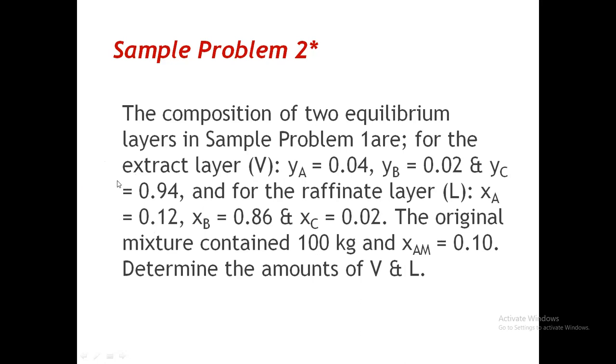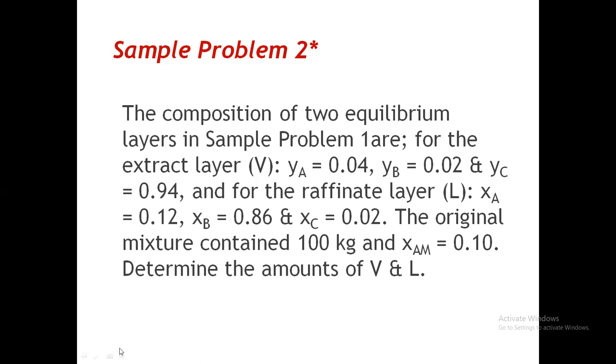Your raffinate layer is the water-rich layer. The water-rich layer has acetic acid, which is 12%. Your water is 86%, and your solvent is 2%. So the original mixture contained 100 kilograms of A, B, and C, and has this amount of A on it. Now determine the amounts of V and L.